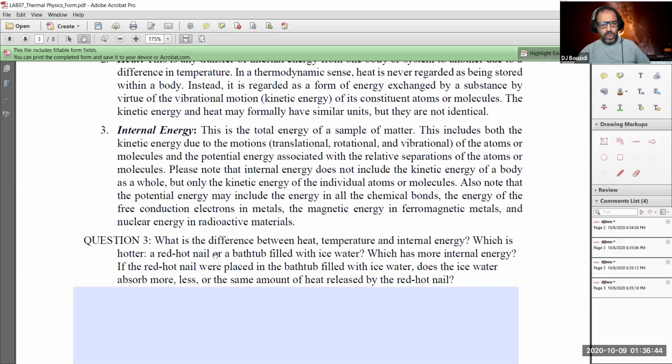Okay, which is hotter? Now it's clear in this case: a red hot nail or a bathtub filled with ice water. Ice water must be at 0 degrees Celsius, 270 degrees Kelvin. A red hot nail, which is iron, is not only hotter than boiling water, but it has reached a temperature where it starts to appear red.